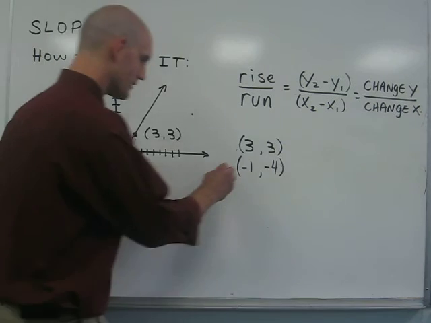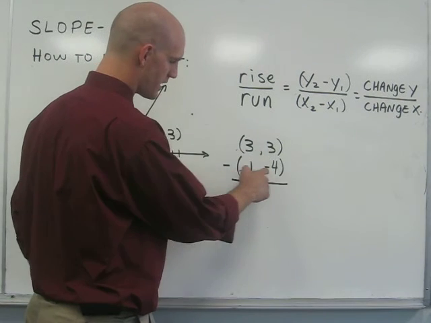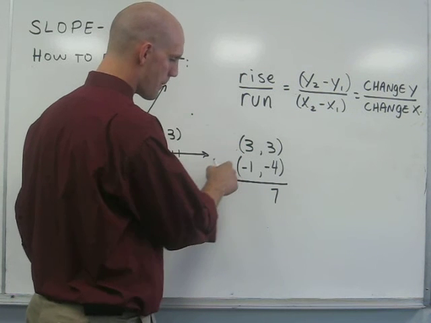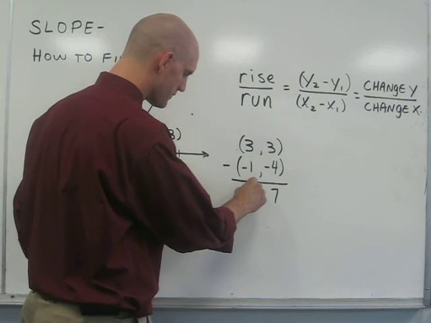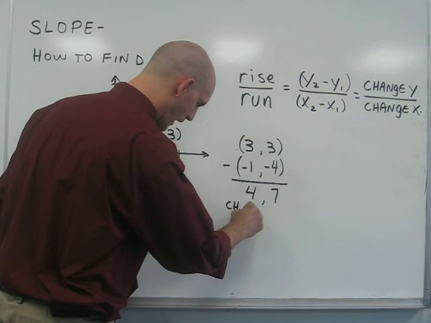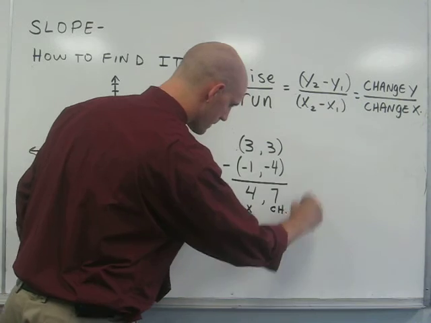I will then subtract. 3 minus -4 is 7. 3 minus -1 is 4. This is my change in x. This is my change in y.